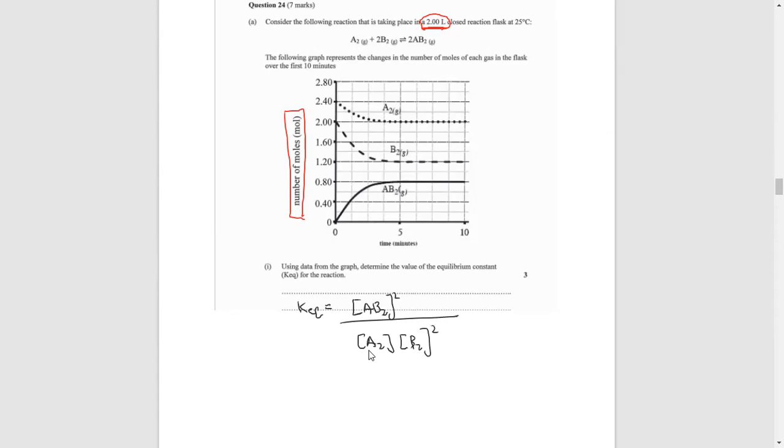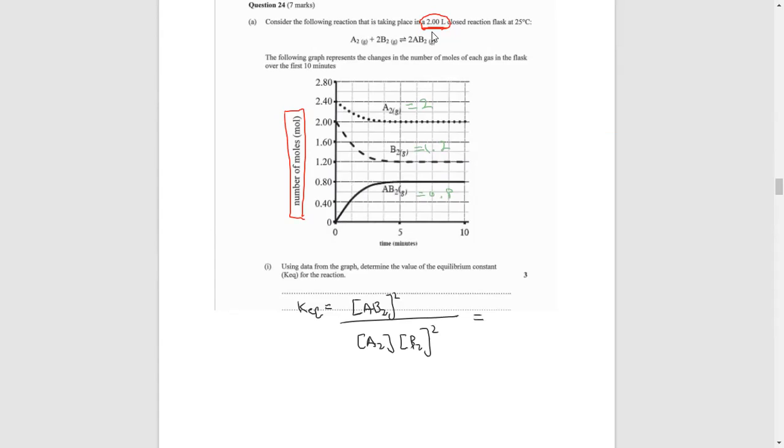You just get that expression. You obviously need to get the concentration of each one at equilibrium. So you can just read off the number of moles. This is 2, this is 1.2, and this is 0.8. But remember, that is the number of moles, not the concentration, which you will need to divide by 2 to get.